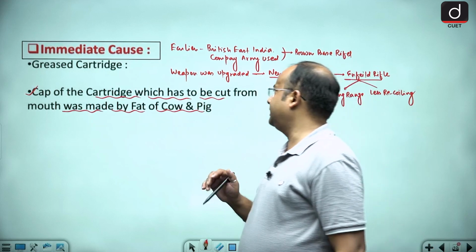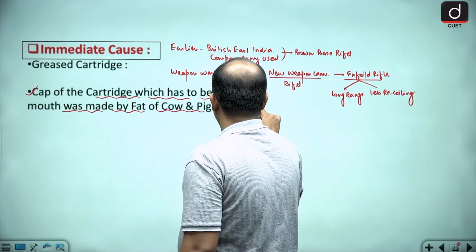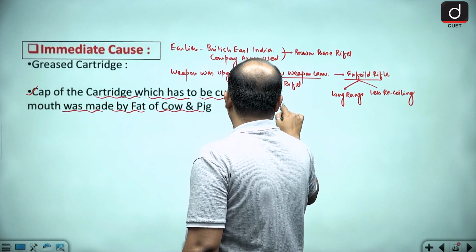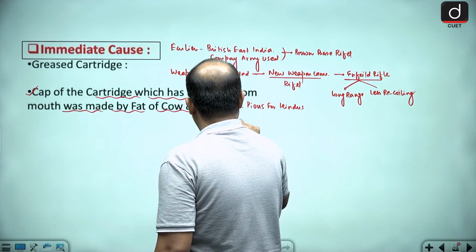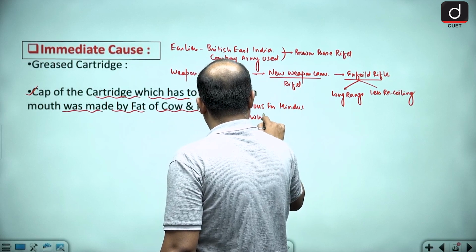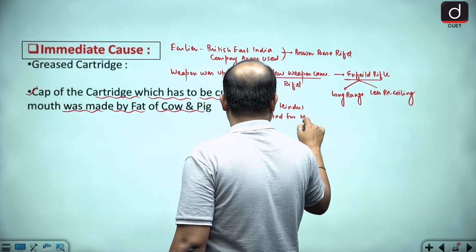Now guys, the cow is pious for Hindus and the pig is prohibited for Muslims.